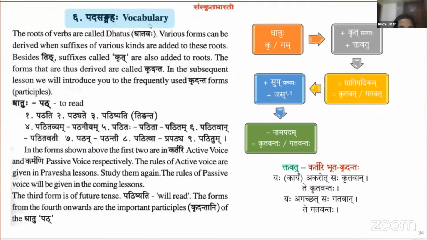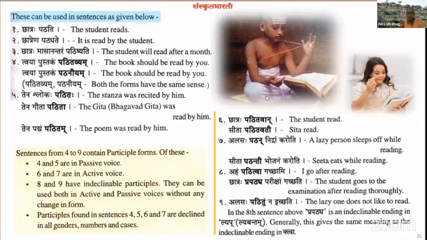Yes, Prabhuji. What dhatu roots are given? What word forms have been made? The nine word forms have been made. So there are sentences made by these words. Nine sentences are there, so try to read them.